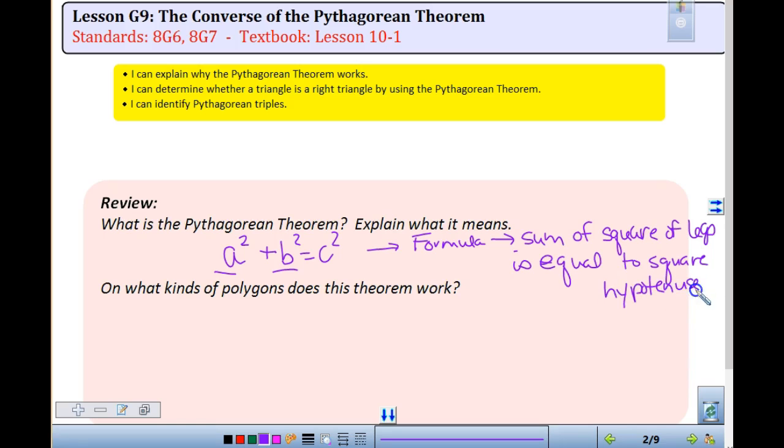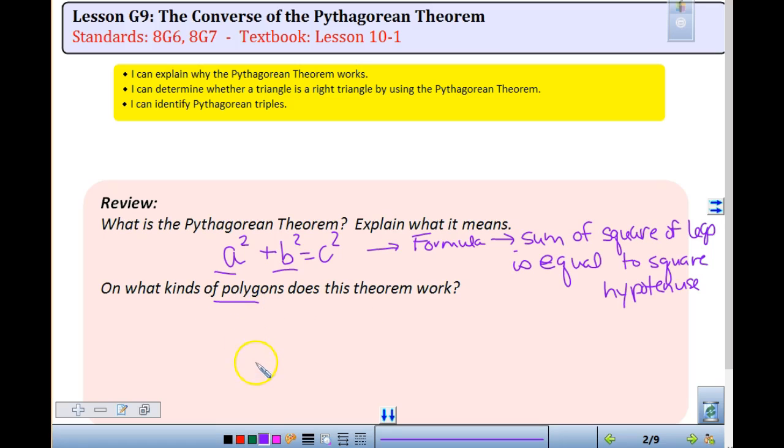It does not tell us this is how you find the hypotenuse. But it does give us the information that if we have 2 sides of a right triangle, we can find the missing side. So the key thing, what kind of polygons does this work for, Sam?